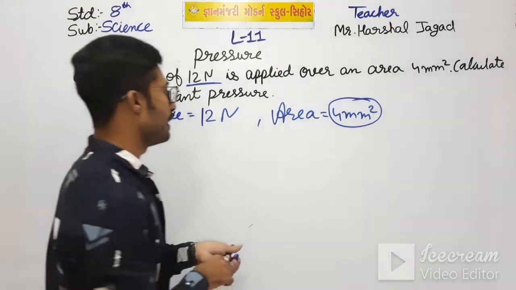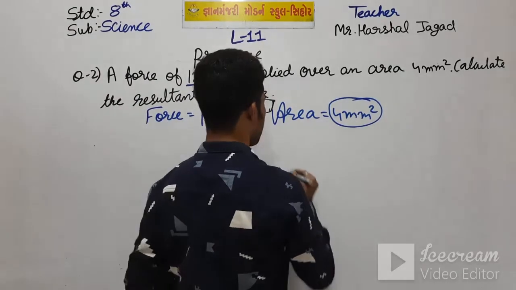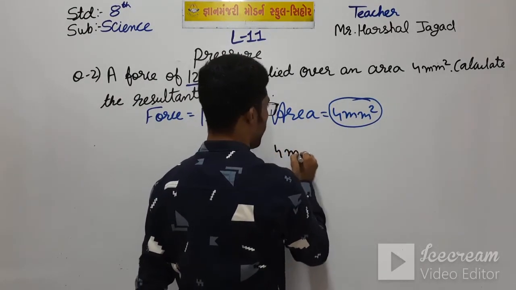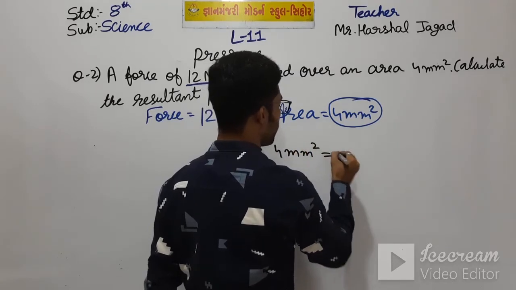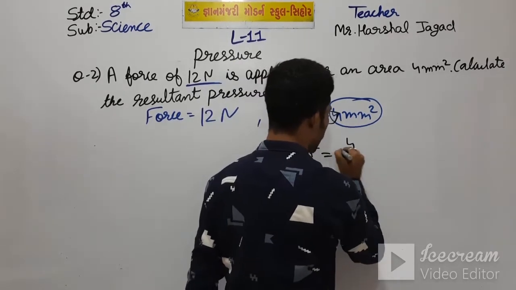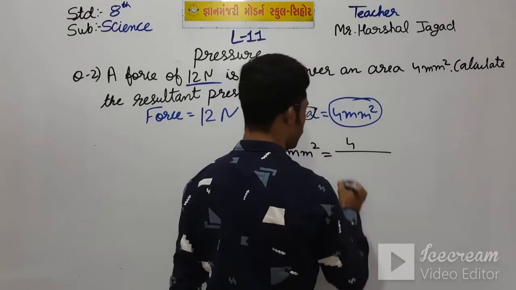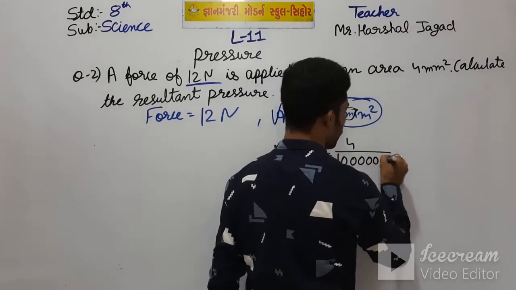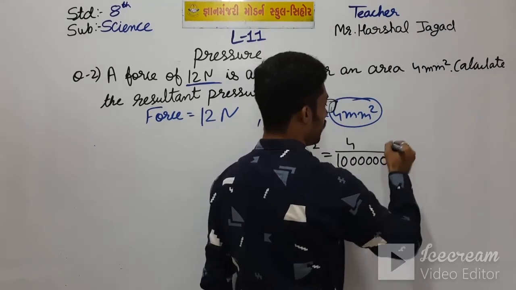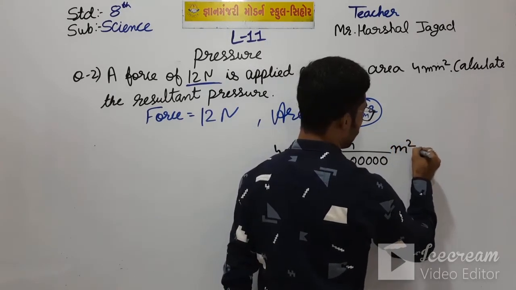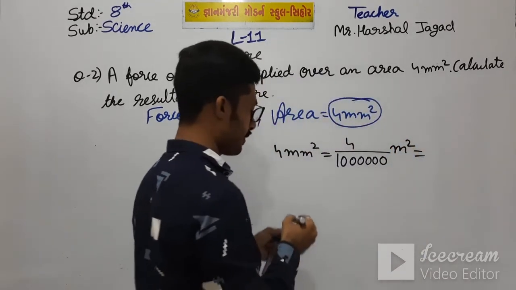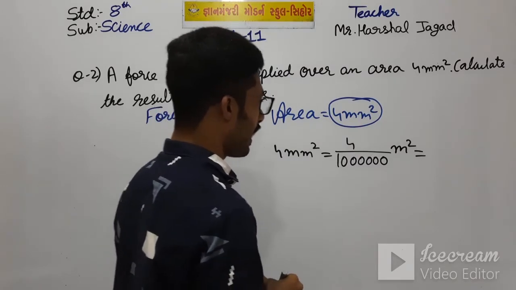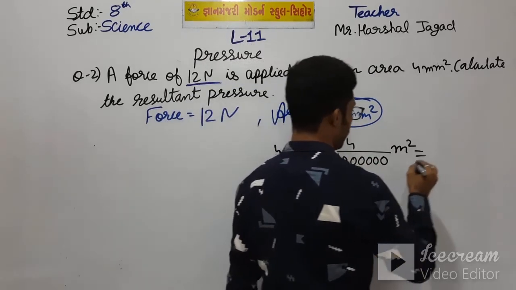Okay, let's see that. 4 mm square is equal to 4 upon meter square. Okay students, so what will be the answer here in meter square?